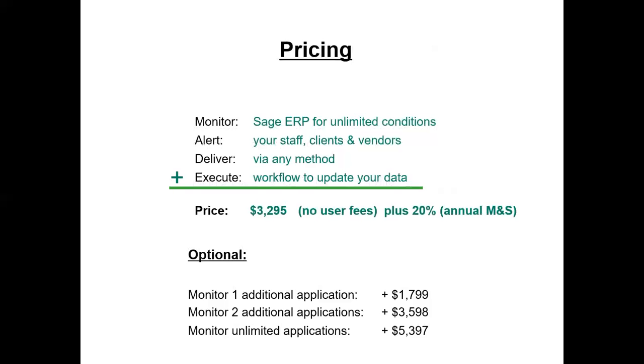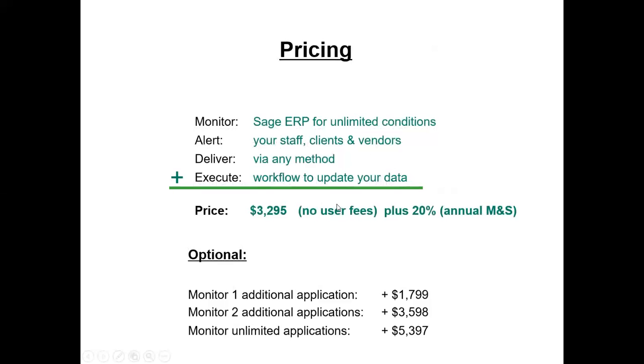You want those alerts to be delivered via any possible delivery method, email, text message, web dashboard, etc. You want those alerts to include forms, documents, reports, charts, and graphs, and you want the ability to have alerts and workflow go back into your applications and actually add or update information where appropriate.